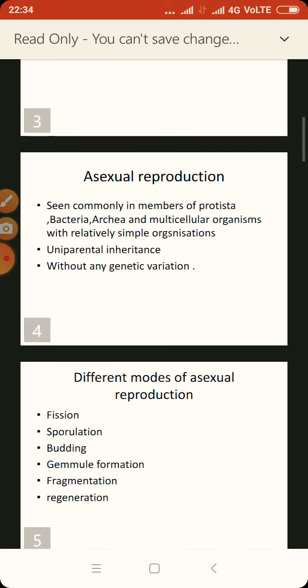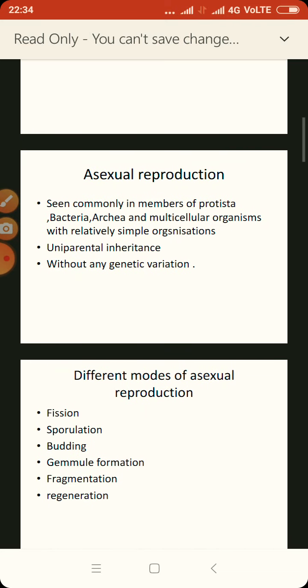The second one, it takes place with the help of what we call uniparental inheritance. Uniparental means that to produce the young ones, only one parent is involved.